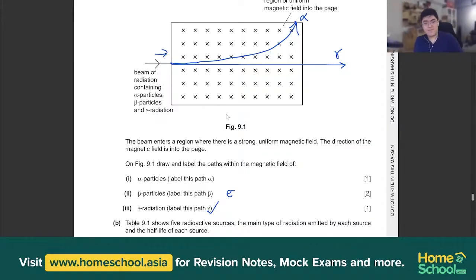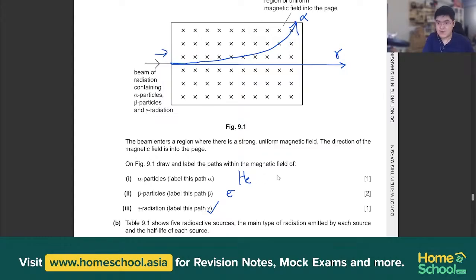But here's one more thing. The alpha particle is a helium nucleus, basically a charge of +2, made up of 2 protons and 2 neutrons. This thing is quite heavy. A beta particle is an electron, which has a very negligible mass.